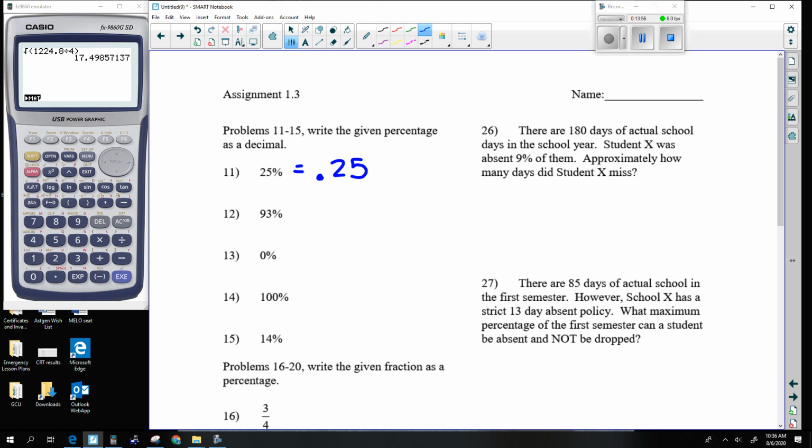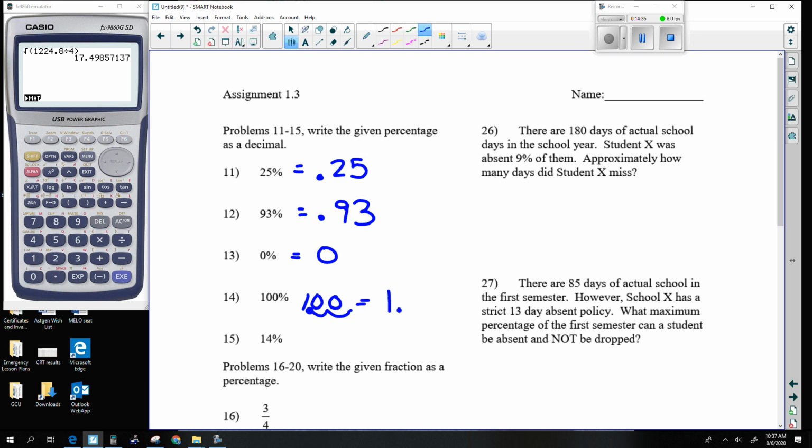So 93, for instance, move it 2 places, is 0.93. Zero is still 0. 100% is now 1.